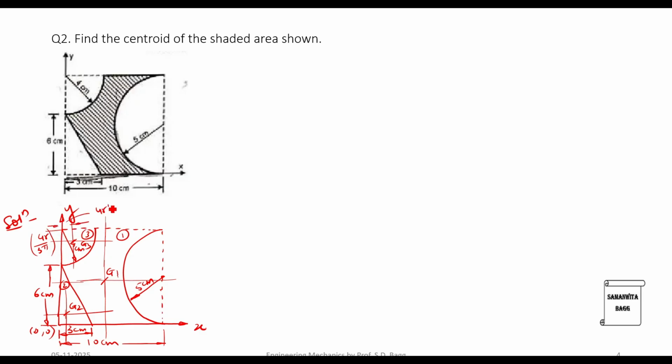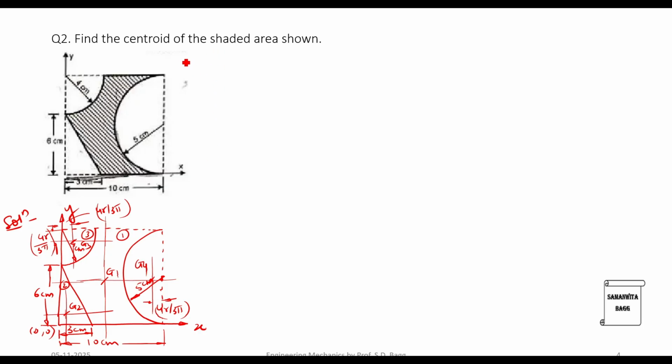So we know this distance and this distance. For the semicircle, from the base we have this distance over here, which is going to be G4, and this gap is nothing but 4r by 3 pi. So we have marked the individual centroid of the standard shapes that we can see.